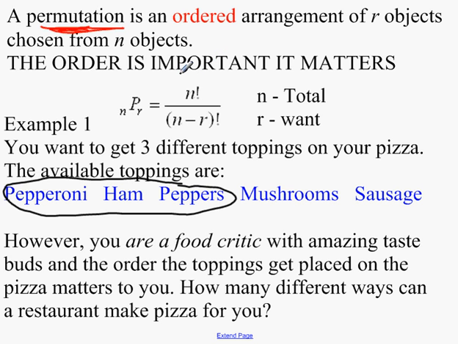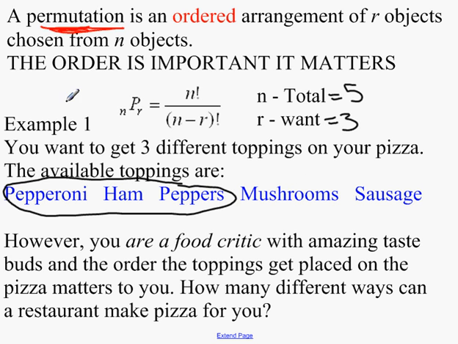Okay, so how do we calculate the different arrangements for this food critic here who's very particular about how the toppings get placed on the pizza? Well, there's a total of 5 toppings, so that's your N, and you want to just pick 3 out of those 5, so R is 3.